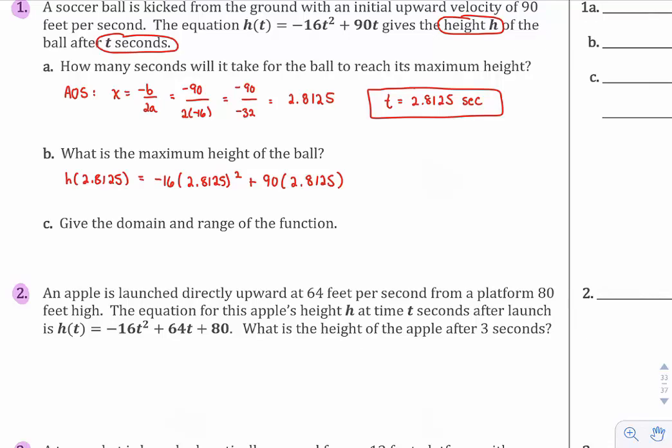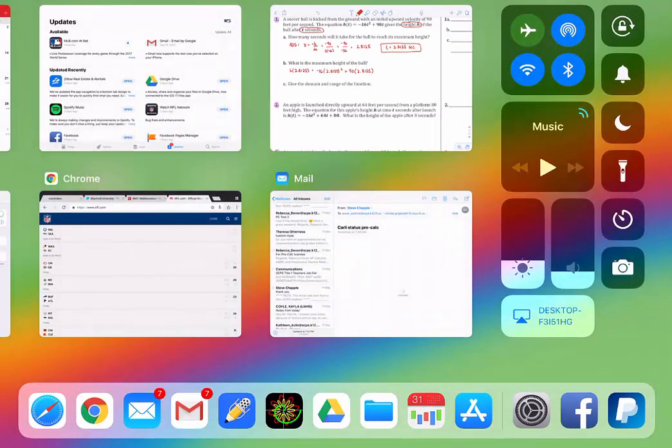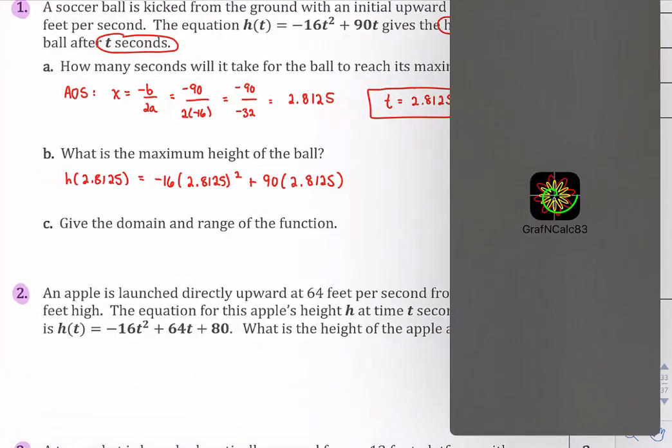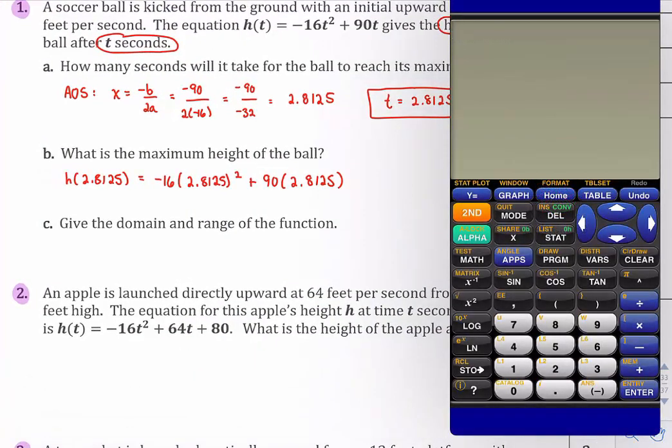So when I do this, I'll go ahead and show this one on the calculator so you can see what I'm doing here. So this is going to be negative 16 times 2.8125, and then I'm using the parentheses. I'm going to hit that square button on my left hand side of my calculator. It says x squared on it, plus 90 parentheses 2.8125.